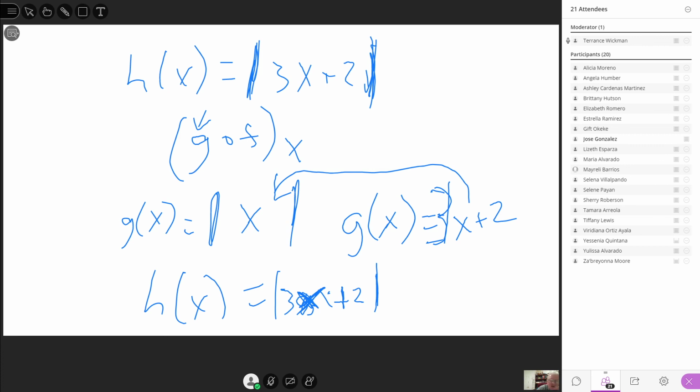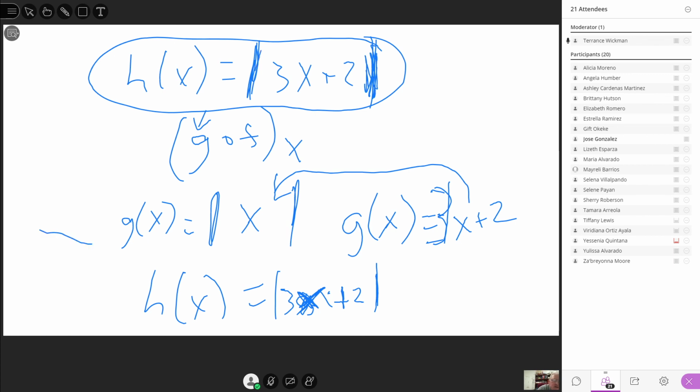So on the test, you're going to get something that's going to say like this. You're going to separate it out. The absolute value is going to be your first function. That's going to give you g of x equals an absolute value with an x in it. The next one should have been f of x.